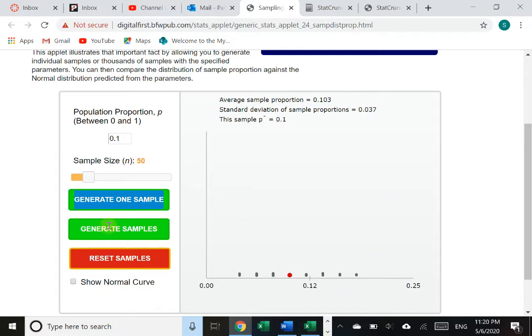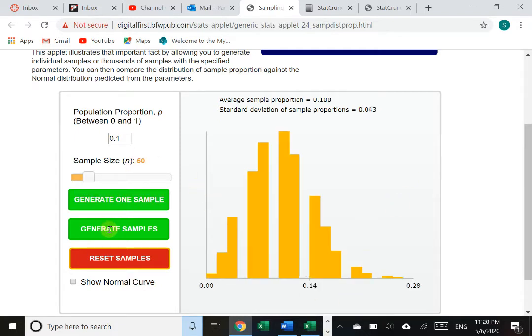And let me now just generate all samples. Boom, there you go. Now notice the shape of the distribution. I know there are gaps in here, but the shape is almost kind of normal-ish. And look at the standard deviation, 0.043. Look at the average proportion. That's mu p hat, 10%, which is exactly the population proportion we want to estimate.